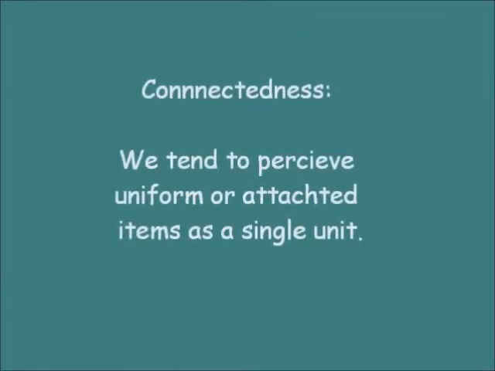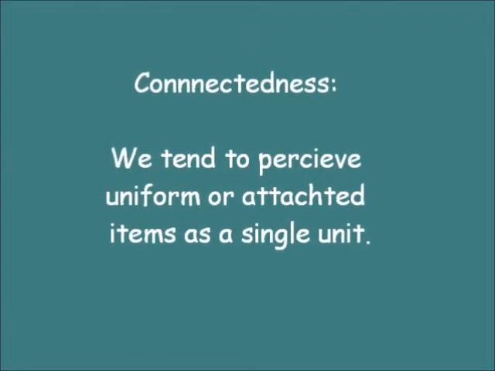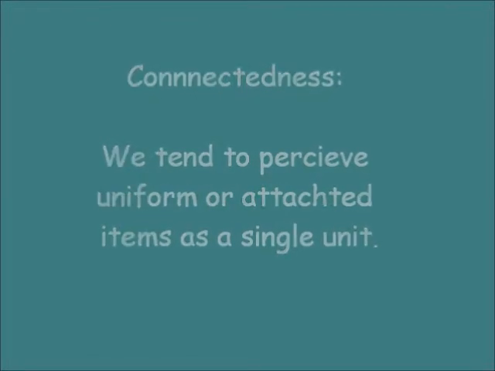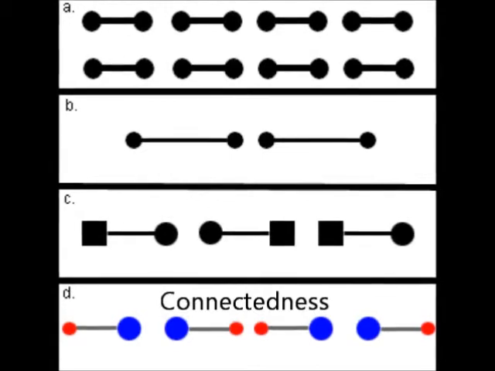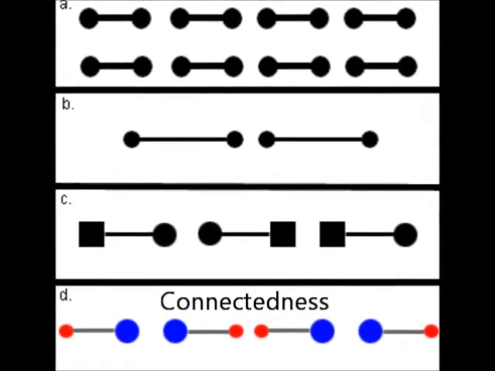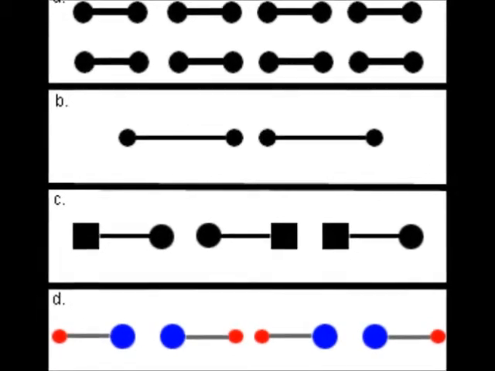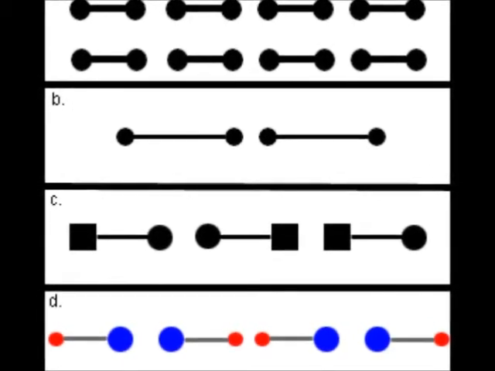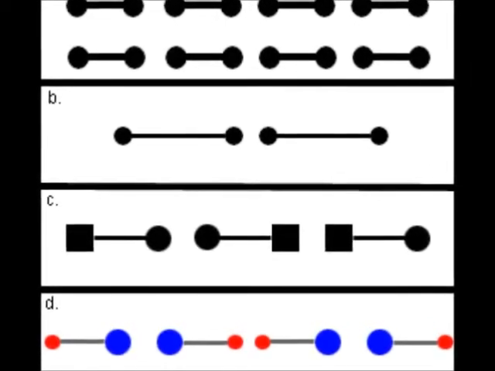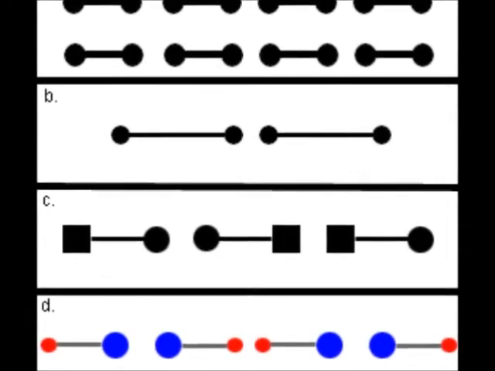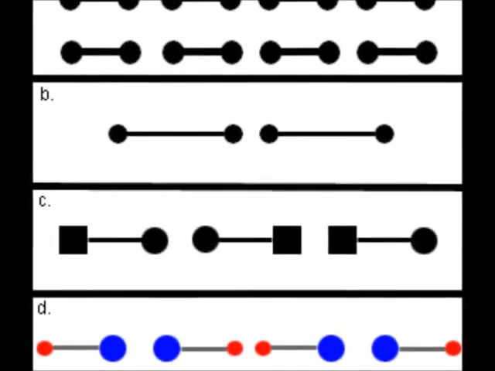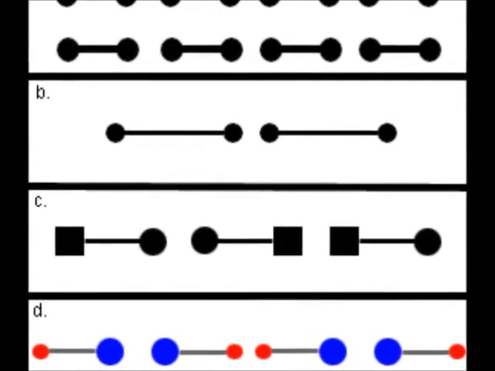Connectedness. We tend to perceive uniform or attached items as a single unit. So looking at B, we see two pairs of single units when there are really four circles. But we see two because there are lines connecting them, but there are really four circles that are present.